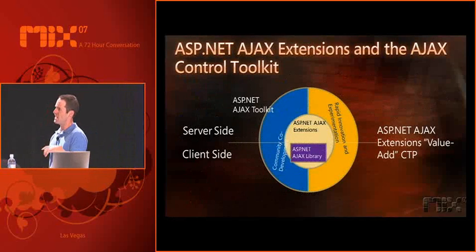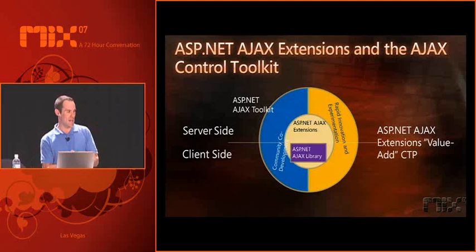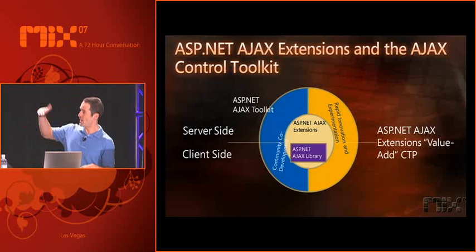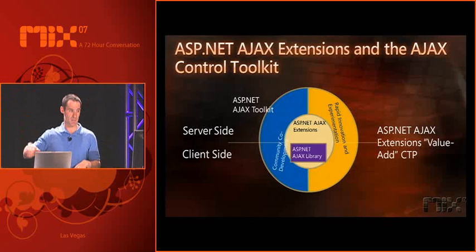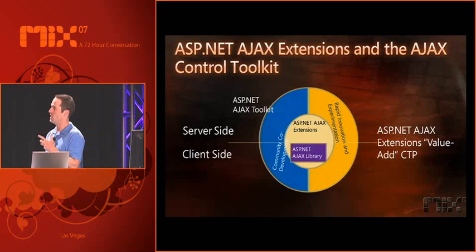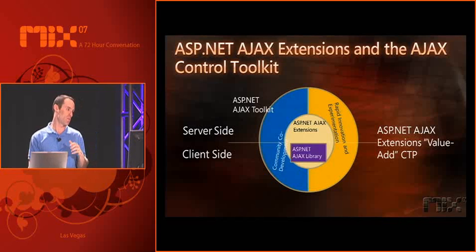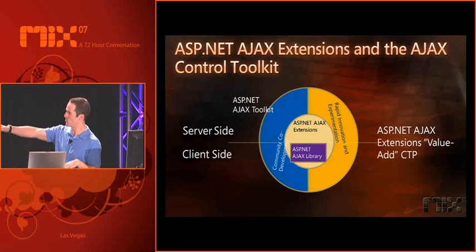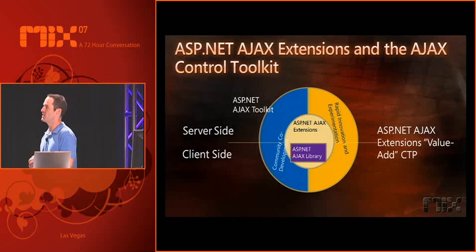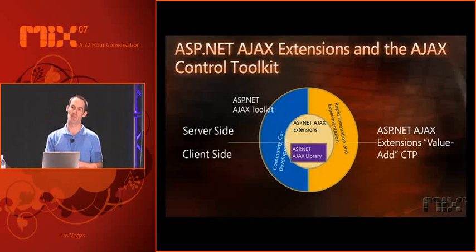This is a slide that tries to visualize how the Toolkit fits in with the ASP.NET AJAX extensions. The top side of this graph is the server side, and the bottom side is the client side. So the ASP.NET AJAX Toolkit has both server-side and client-side pieces, and we're community co-developed, in the blue side. On the other side are the value-add CTPs that the ASP.NET AJAX team shipped.